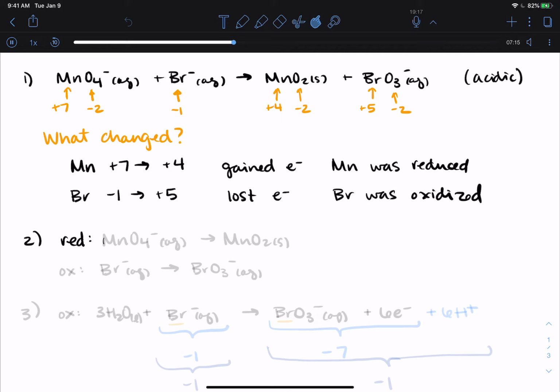So reduction was my MnO4 minus turning into MnO2. I've got both of my manganese pieces in here. And then the other part was the oxidation half reaction, which is the Br minus turning into BrO3 minus.